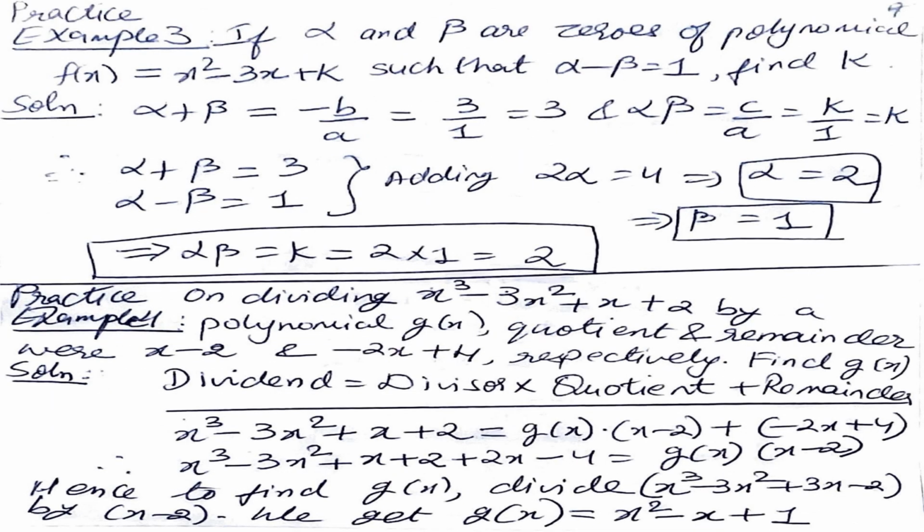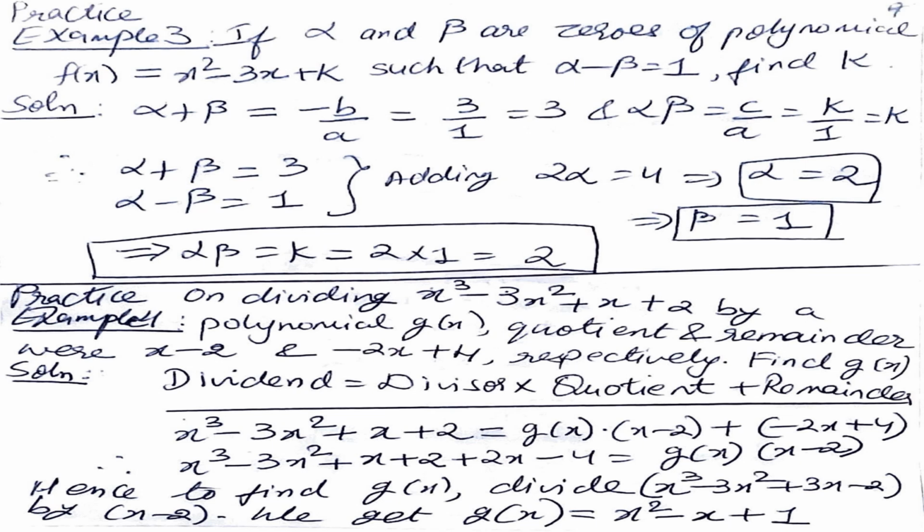Now example 3. If alpha and beta are zeros of the polynomial f(x) is equal to x square minus 3x plus k such that alpha minus beta is 1, we have to find the constant k. Now alpha plus beta, which is the sum of roots, is given by minus b by a. Minus b means over here minus of minus 3, that is 3 upon 1, which is 3.